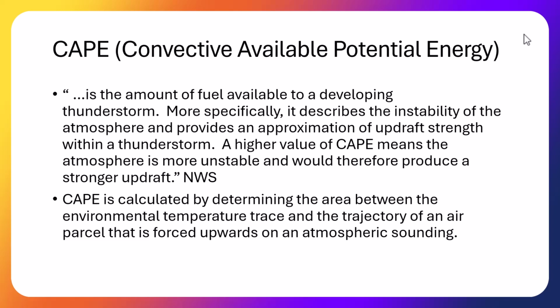CAPE is calculated by determining the area between the environmental temperature trace and the trajectory of an air particle that is forced upwards on an atmospheric sounding. We'll get into atmospheric sounding in a second, but essentially CAPE is the area between the actual temperature line and the trajectory of an air parcel.